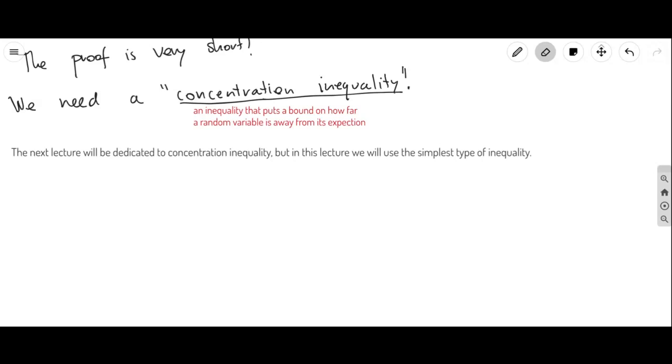So the inequality that we're going to look at, here's what it says. It goes by the name of Markov's, or depending on what author you use, Chebyshev inequality.